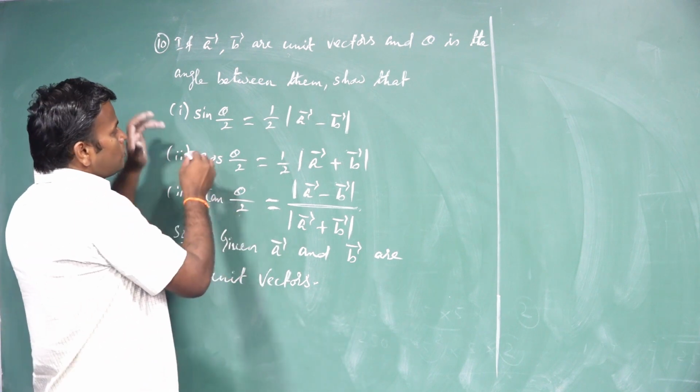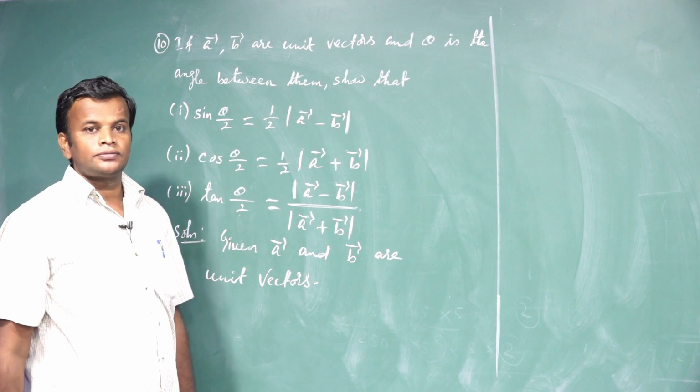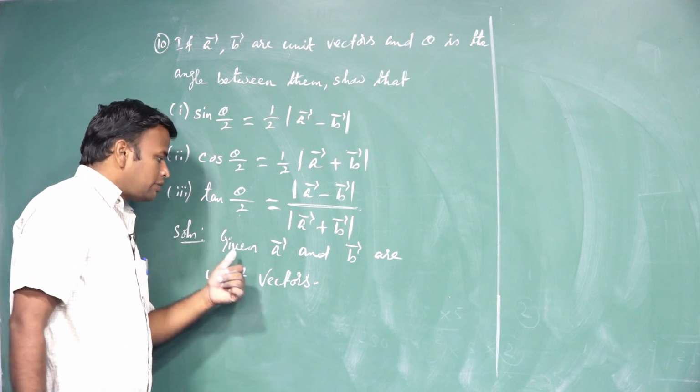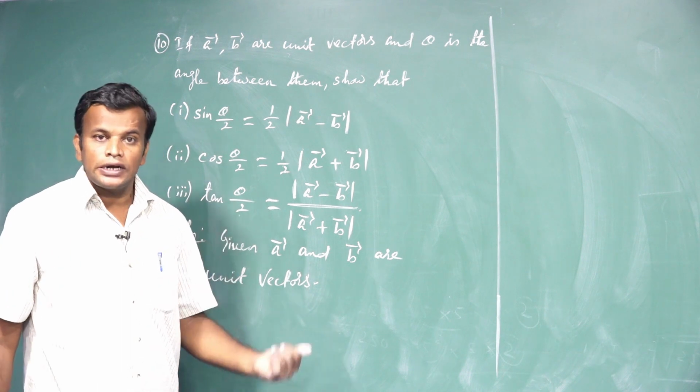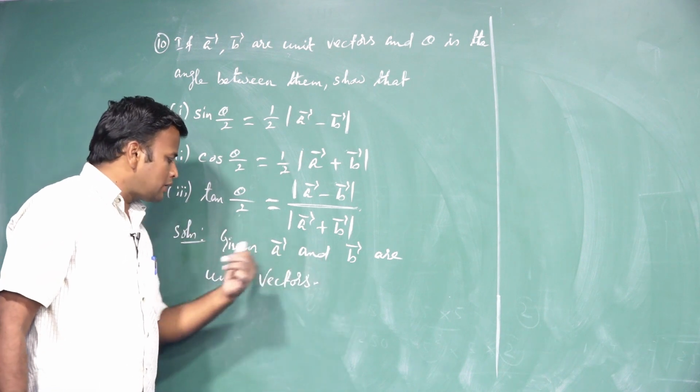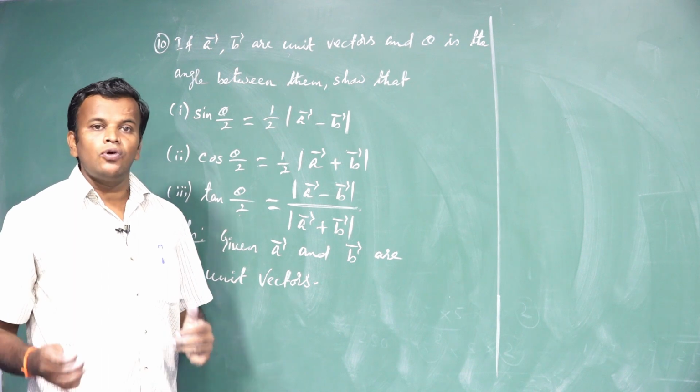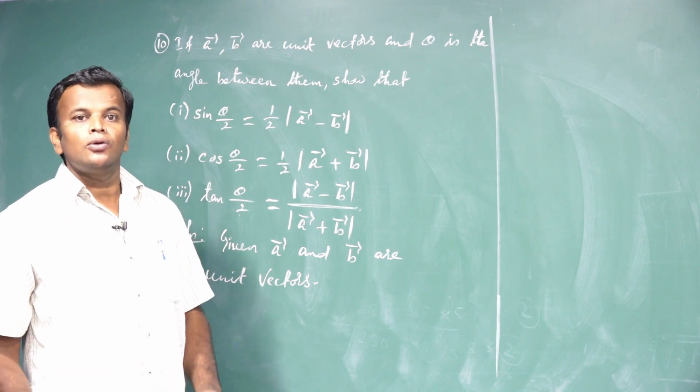Now first we prove the first one and the second one. Okay, in solution given A vector and B vector are the unit vectors. First we using this data. A vector and B vector are the unit vectors. Therefore whose modulus value should be 1.